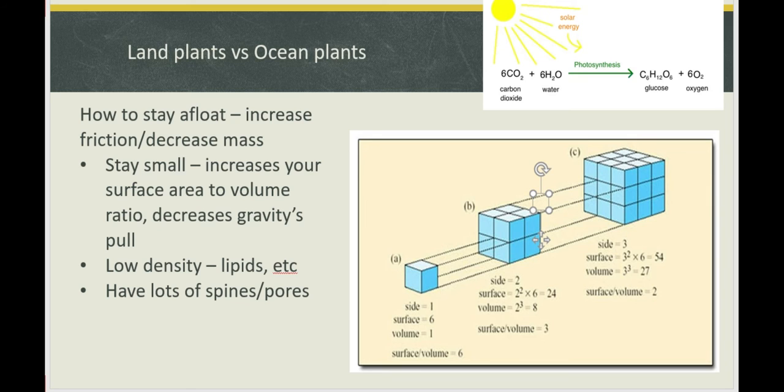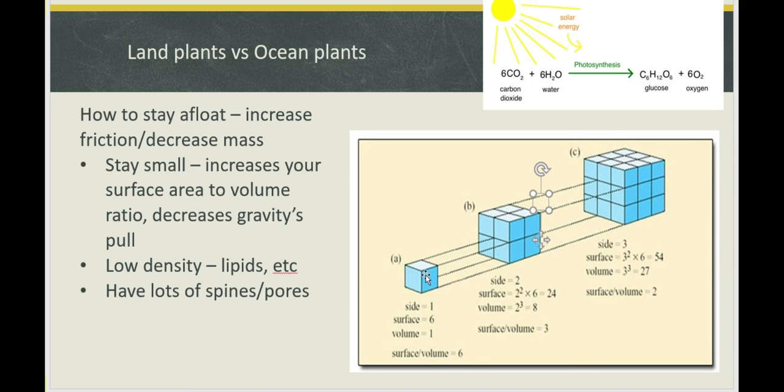So let's look at this diagram over here. We have something that's kind of small and something that's kind of large, and we can look at the surface area versus the volume for each one of these. So if I have this cube has 6 sides, right? And imagine that I have 1 centimeter by 1 centimeter by 1 centimeter, right? So if that's the case, then my surface area, each one of these is 1 centimeter squared.